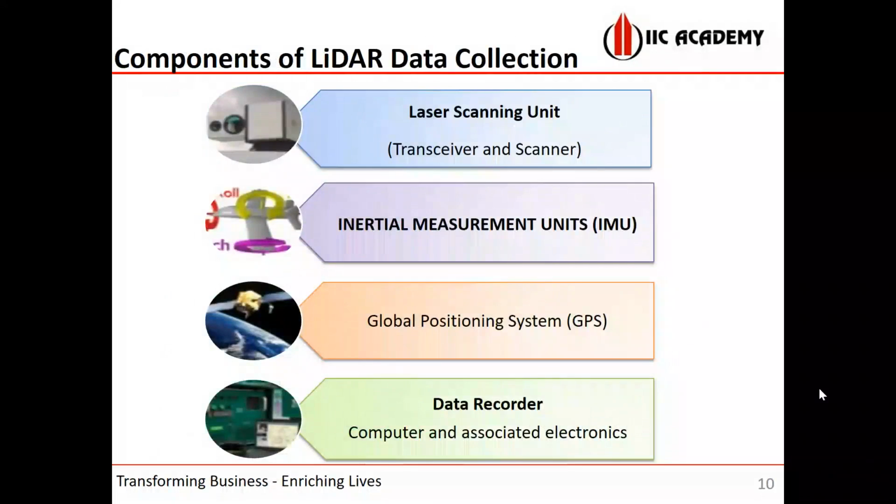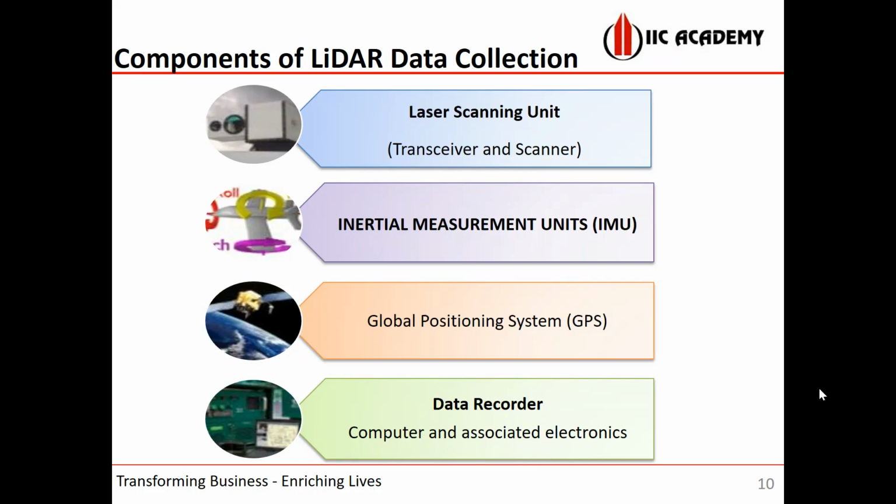What are the components present in the LiDAR scanning unit? The transceiver and scanner: the transceiver sends the light, and the scanner receives and scans. Then there is the inertial measurement unit, IMU, as we call it.